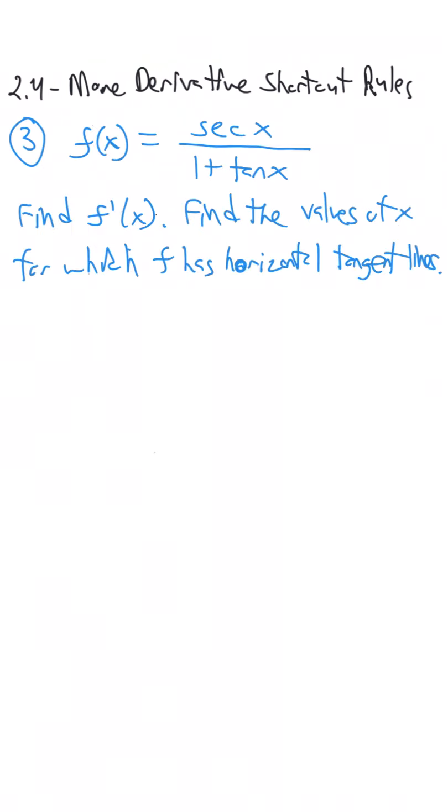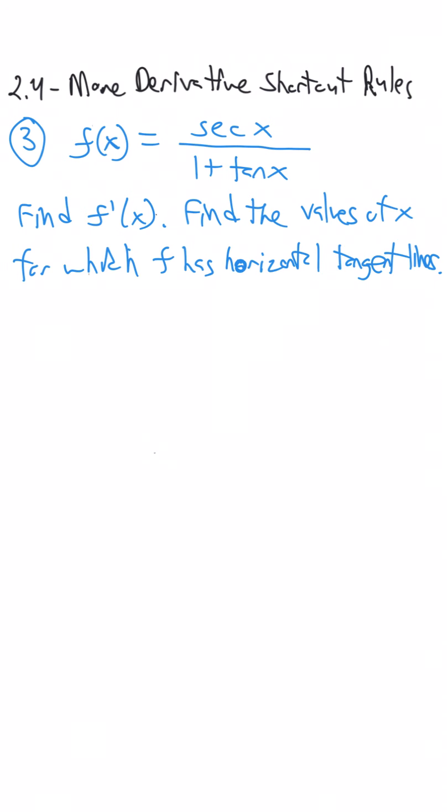So we take a third example. Here, f of x equals secant x over 1 plus tangent of x. We're asked to find the derivative f prime of x, and then find the values of x for which f has horizontal tangent lines. Well, what type of function is f? It's a quotient function. No, it is not a rational function. It's not a quotient of polynomials. It's a quotient of trigonometric functions.